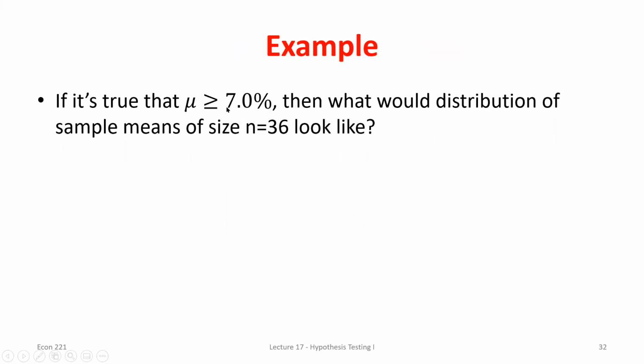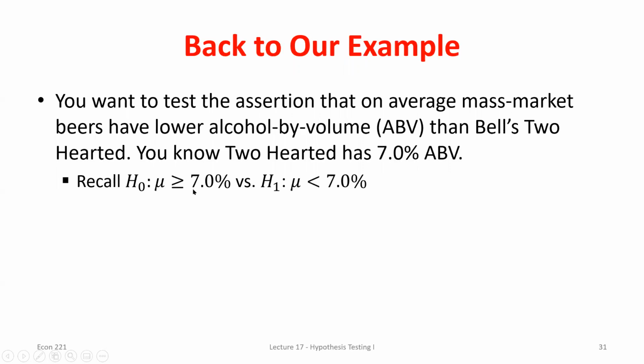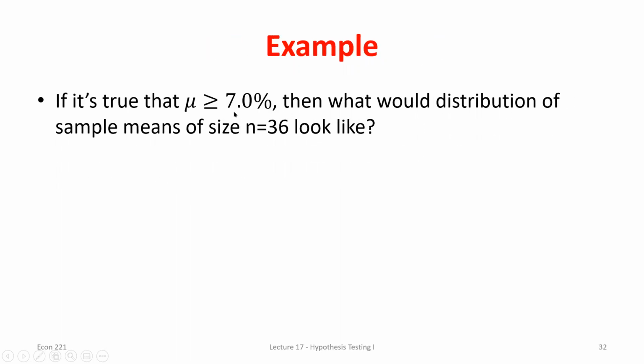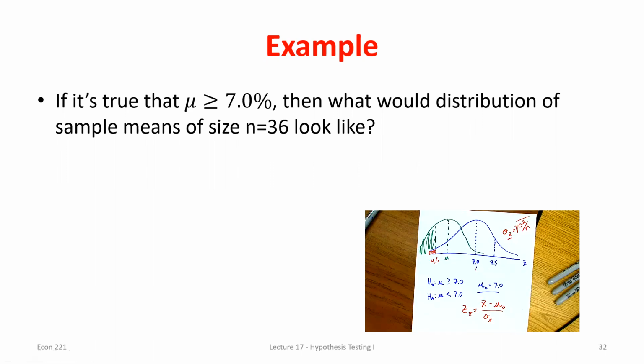If what I assume to be true, this null hypothesis, in fact was true, what would the distribution look like? I already jumped the gun and said, if we're assuming this is true, I'm just going to use the lowest value in this range. Because if I can reject 7% as the true mean, then I can for sure reject 8%.